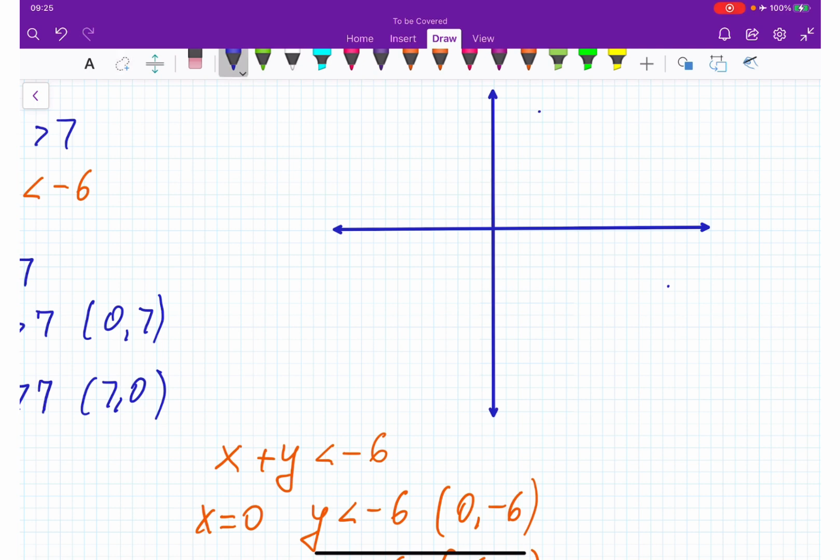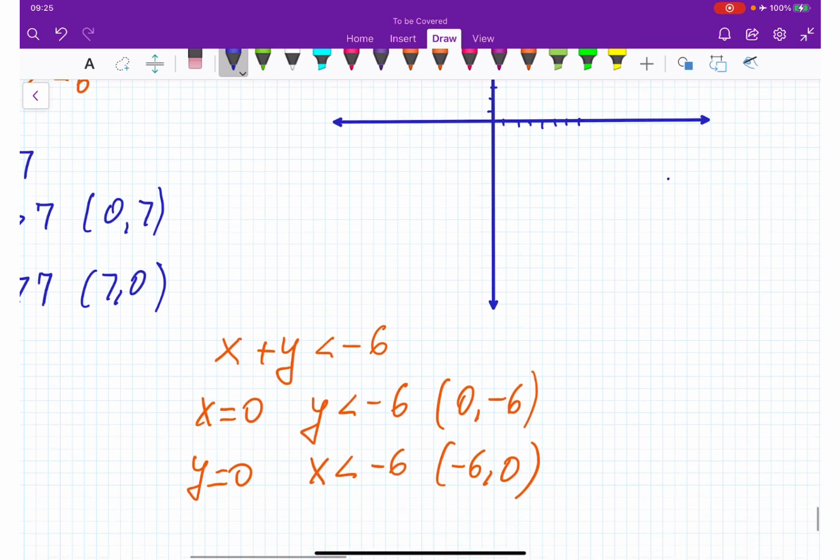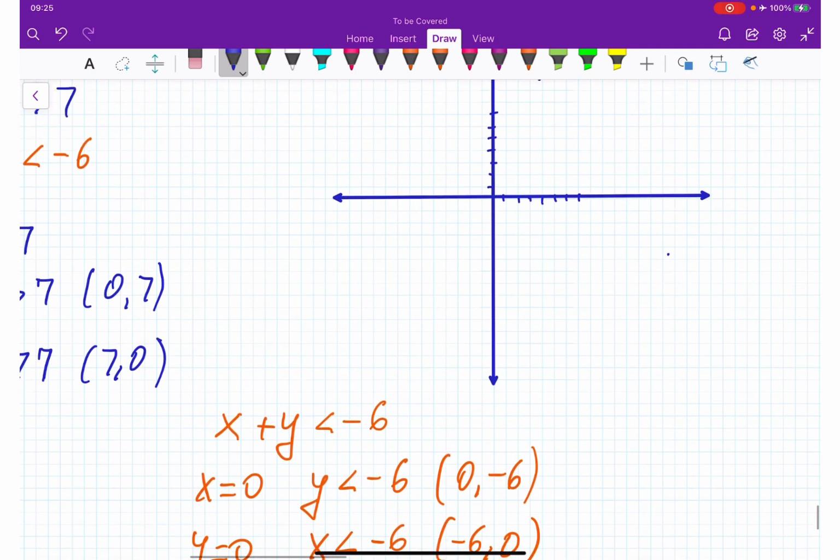So it's gonna be 1, 2, 3, 4, 5, 6, 7, in each direction.